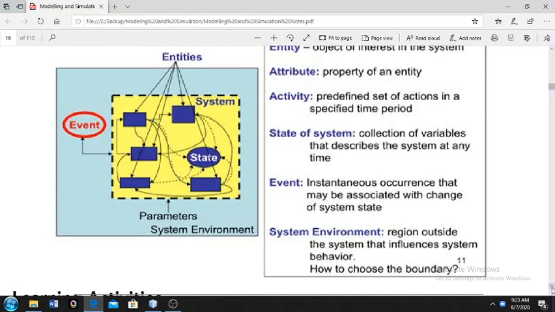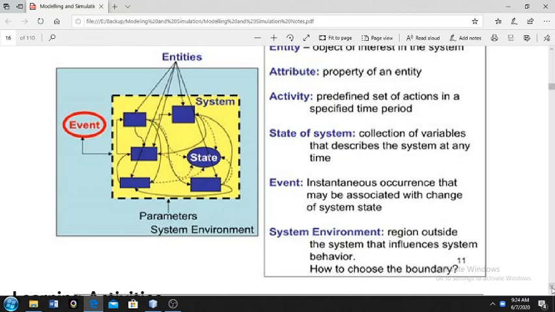The state of the system can also be, for example, that the system is dormant, or working, or off, has stopped working, stuff like that. So this is what we call a state of a system.